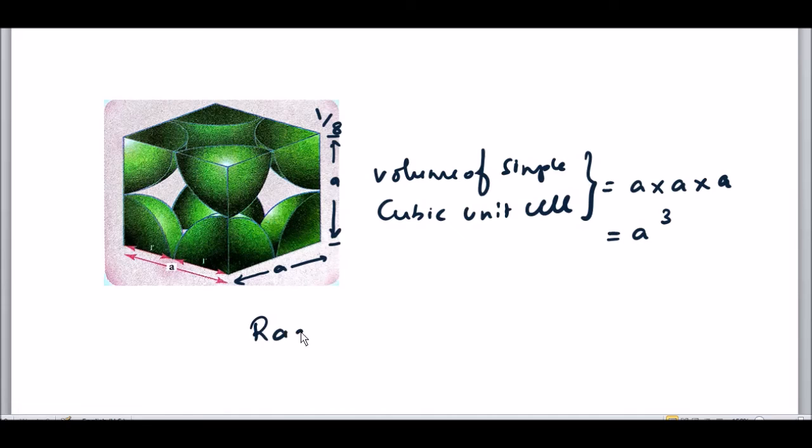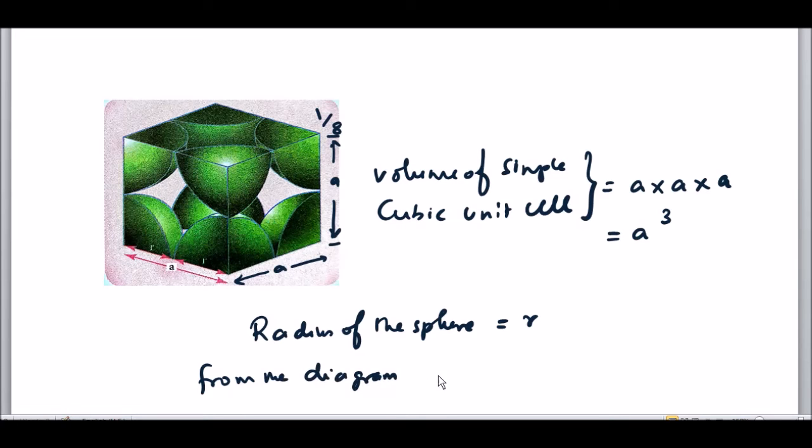And the radius of the sphere is taken as r. And from the diagram, a is equal to 2r. You see, this is a. Half of that value is nothing but r, the radius. Based on this, we can say that r is equal to a by 2.